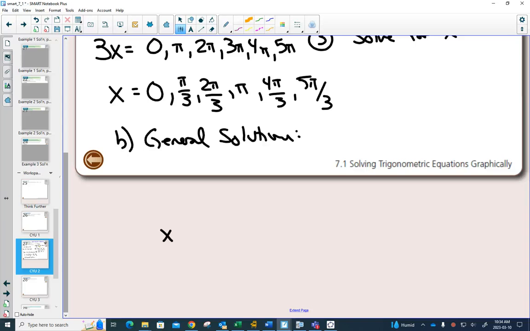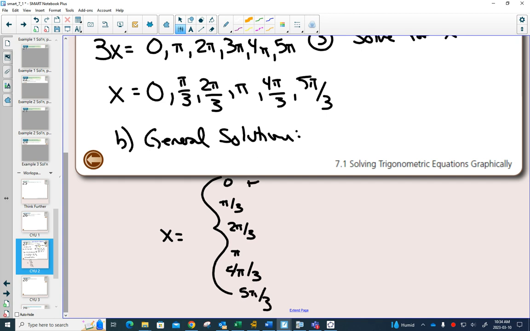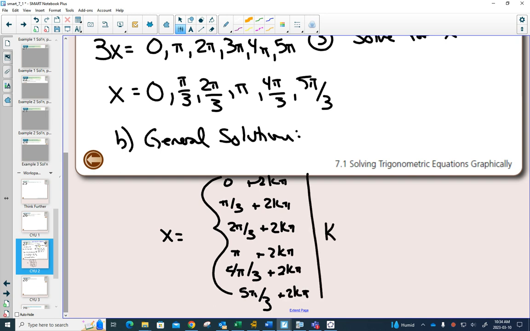Then take all of your answers, so we'll write 0, pi over 3, 2 pi over 3, pi, 4 pi over 3, and 5 pi over 3. Add 2k pi to each of them, where k is an integer, and we have the general solution.